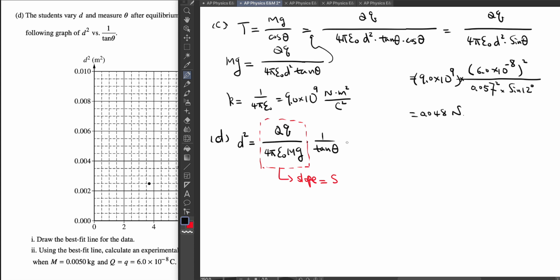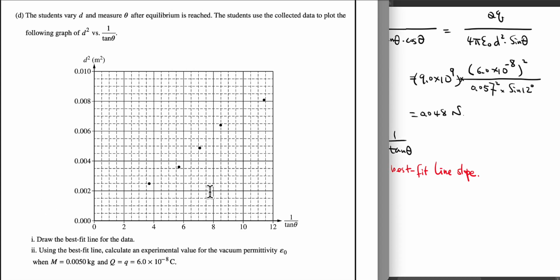Then we can rewrite this equation as d squared equals S times 1 over tangent theta. And the slope S will be from the best fit line's slope. Okay, so now think about how to do the fit here. That is like a must-have question for every AP physics exam. So you need to fit the experimental data.